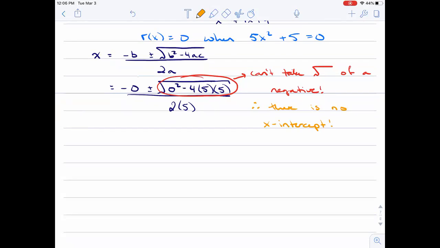Obviously, from the question on the final, there will be 2 x-intercepts, because I'm pretty sure that's what it says. Find the 2 x-intercepts. Well, if it's a trick, I'll change it and say, find the non-existent x. No, it'll have an x-intercept.